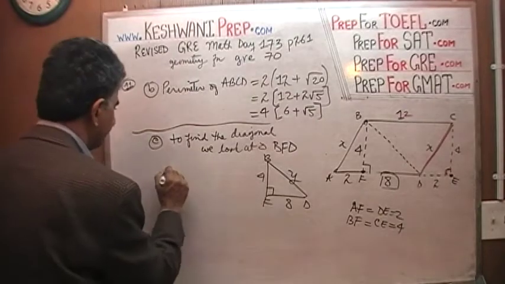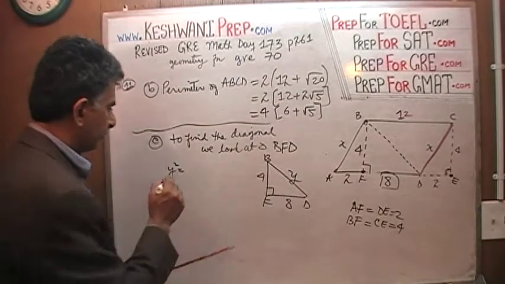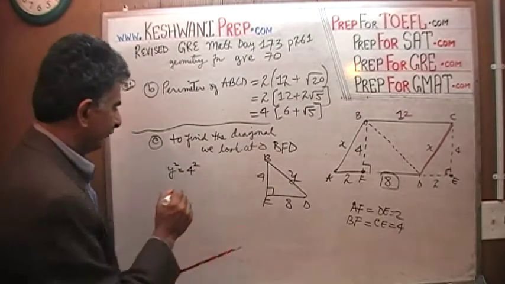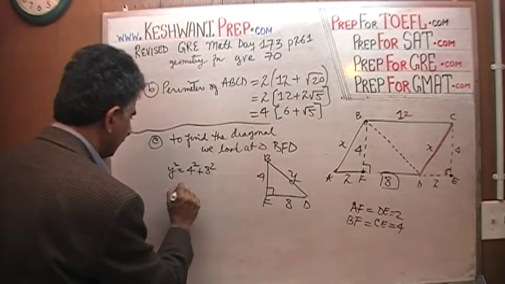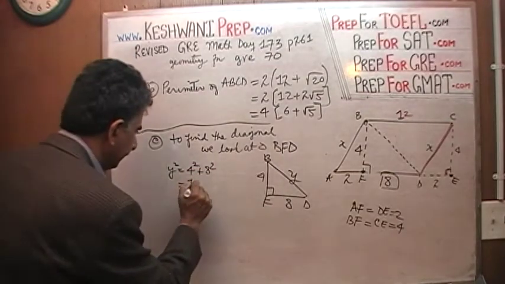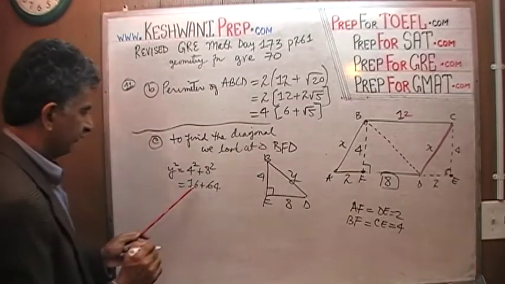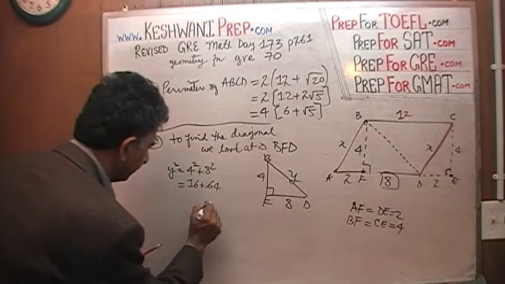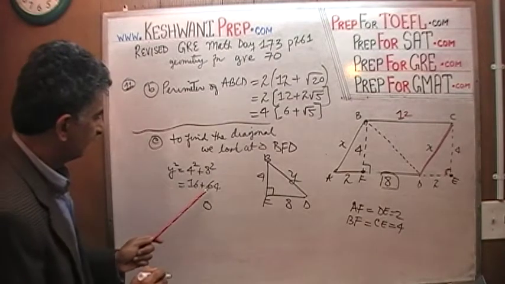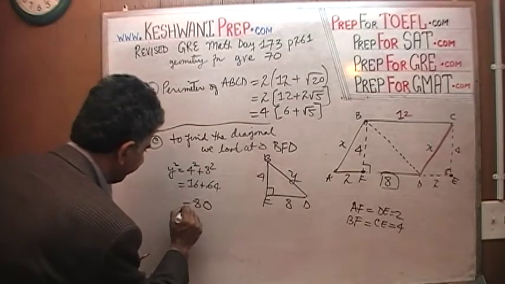So in this case the y squared is going to be 4 squared plus 8 squared. 4 squared is 16. 8 squared is 64. 64 plus 16, 6 plus 4 is 10, so that gives us 0. Carry 1. 1 plus 6 is 7, plus 1 is 8.